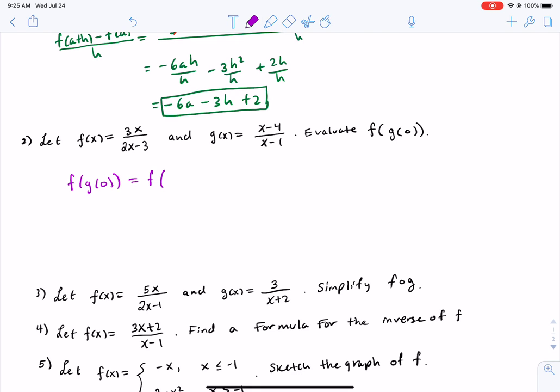This will be f of, what is g of 0? G of 0 will be 4. And what is f of 4? That will be 3 times 4 minus 3, right? So all of this will be 12 divided by 5. And we can simplify that fraction, right? 12 over 5. So that will be our answer there, just 12 over 5.